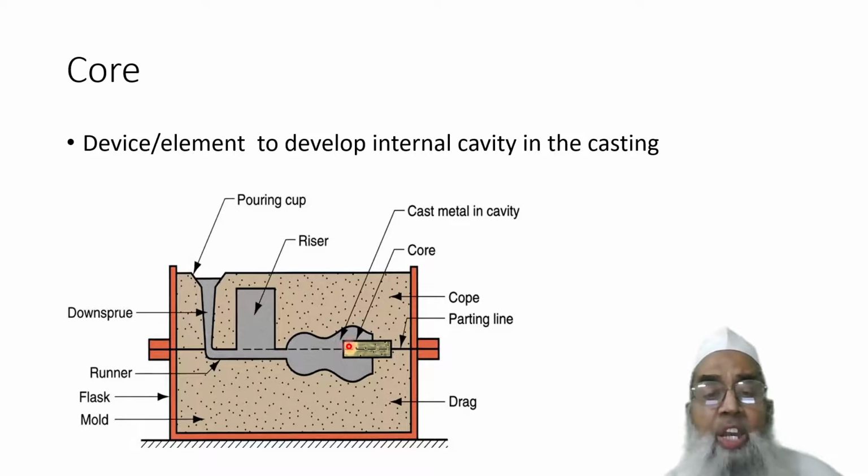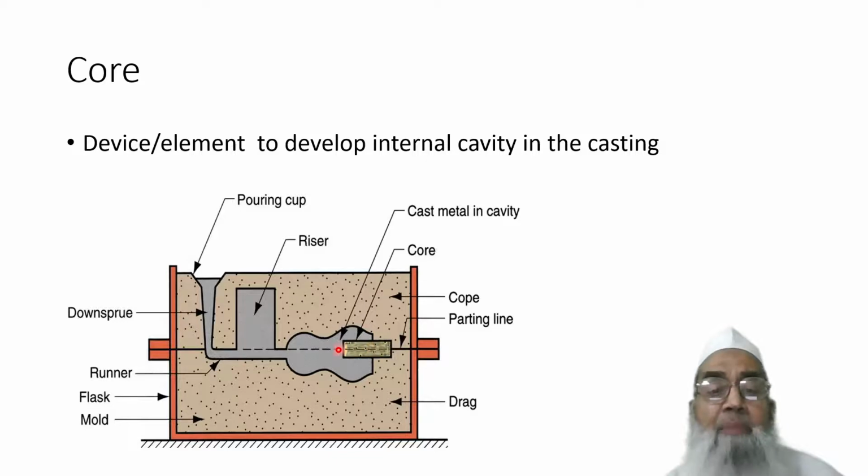Therefore, instead of drilling a hole, why not put an element which we call a core. This is the core, maybe of sand. If there is sand, then metal won't fill this particular location, and after shake out, we can shake out this core also, and therefore we can have the cavity. This element, of molding sand, is known as the core, and it is to be incorporated and assembled.